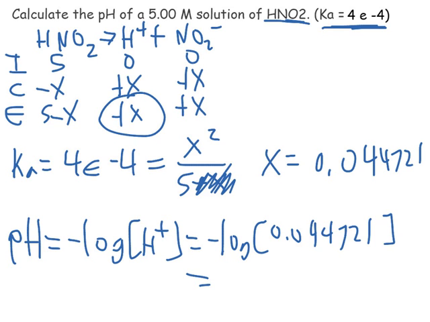So let me plug that in again. Yeah, you have to be a real genius to do this in your head. And then you get 1.35. So yeah, that's our final answer. And yeah, so it's really not that hard. Let's do another one.